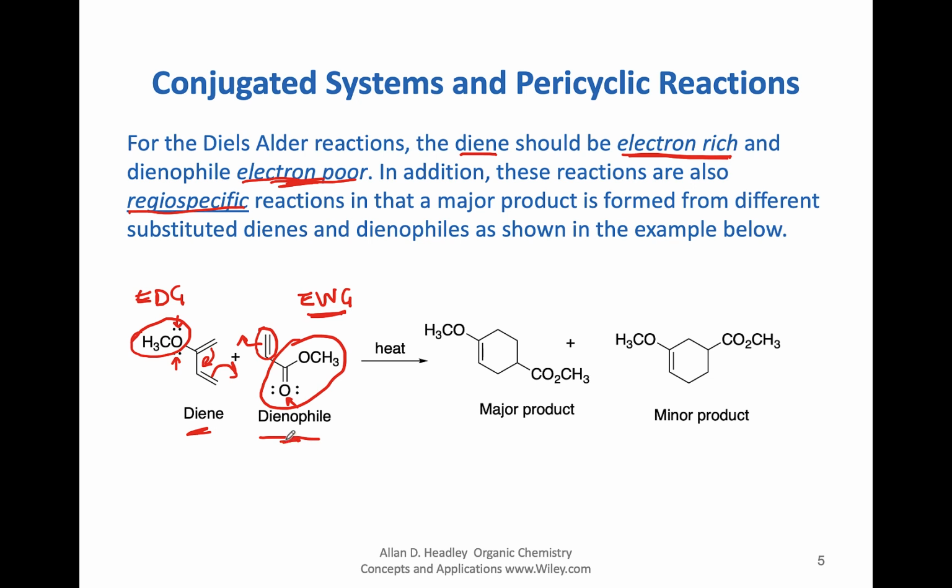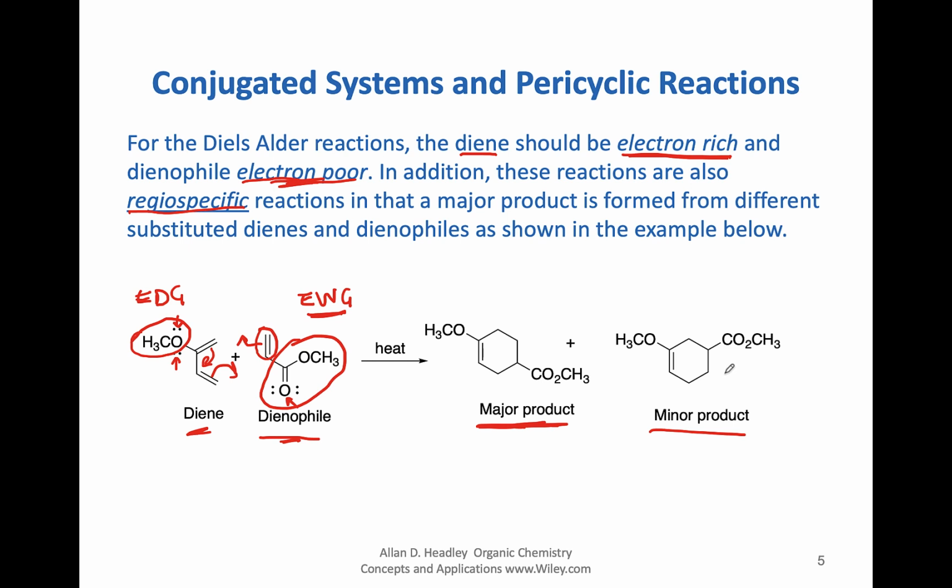So it's possible to have this as the product. But this is the major product. And of course, this is the minor product. As you know, in organic chemistry, we are concerned primarily with the major organic product. The question now is, why is this the major product and this the minor product?